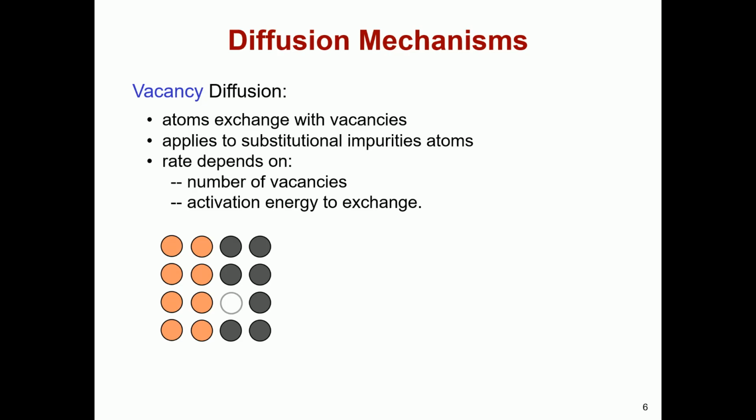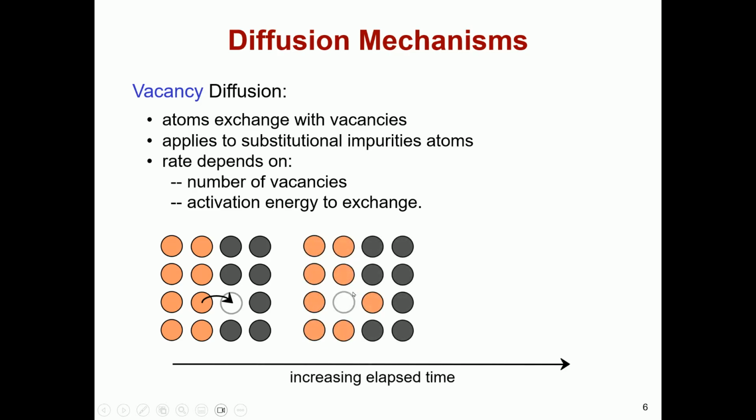Next, let me explain the vacancy diffusion mechanism in more detail. In vacancy diffusion, an atom exchanges position with a vacancy in the lattice site. This mechanism applies primarily to substitutional impurity atoms. For this to occur, a vacancy defect must exist in the crystal structure. An atom adjacent to the vacancy can jump into the vacancy site. The rate of vacancy diffusion depends on two key factors.